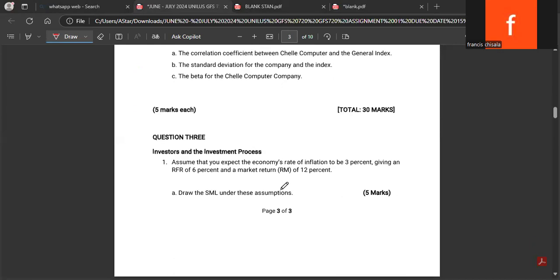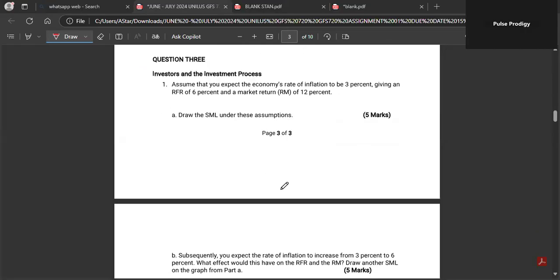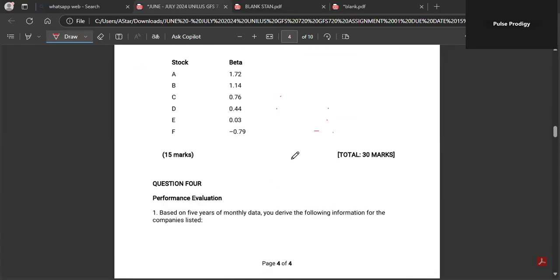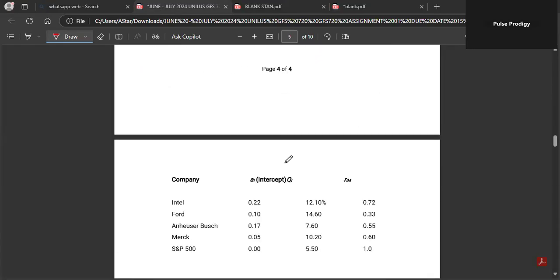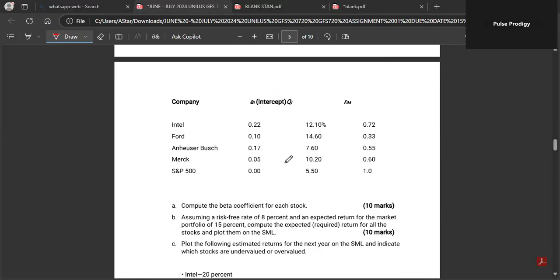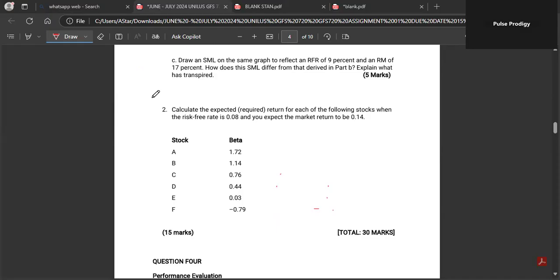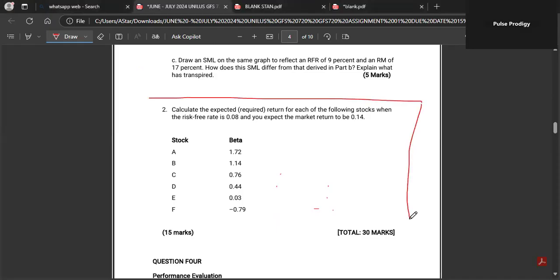All right. So now I want us to go to other questions that we can also look at. We can have this other question here. Let's check this other question here for 15 marks.